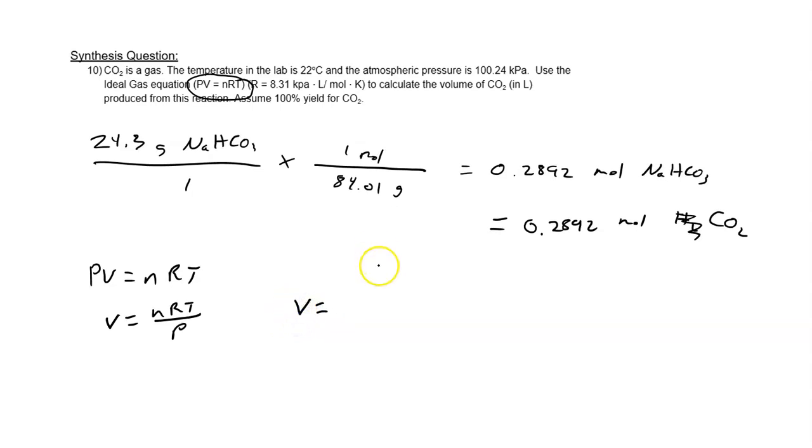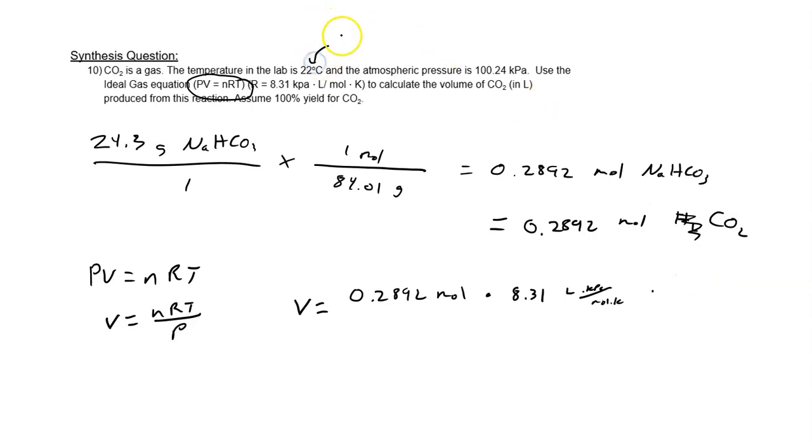V equals 0.2892 moles times R, which is 8.31 liters kPa over moles Kelvin, times the temperature.